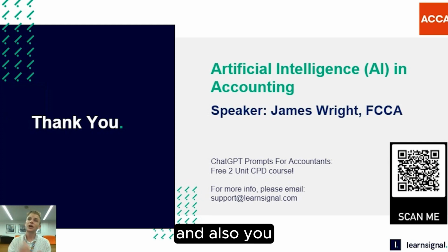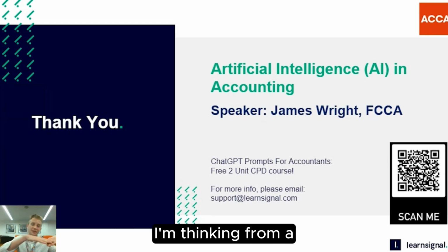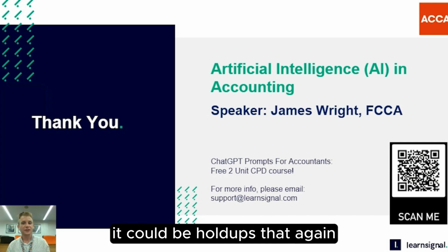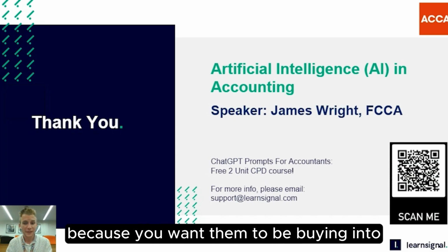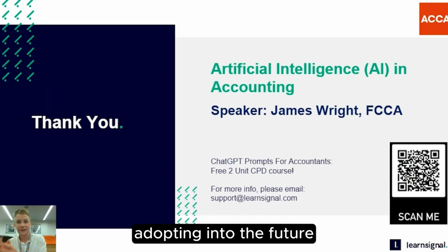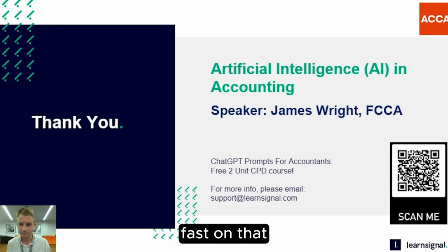Also, you don't want to upset your provider in terms of the actual software that you have, because from a process point of view, that could be massive bumps in the road. It could be holdups that your organization and your staff frankly don't want, because you want them buying into AI adoption in the future, because it is only going to get more vast.